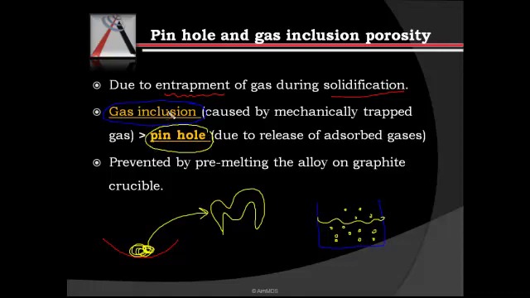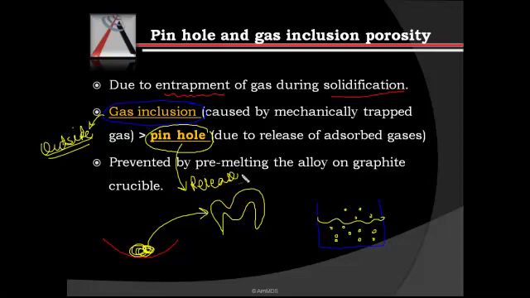So gas inclusion porosities and pinhole porosities are due to the entrapment of gas inside the molten metal. Gas inclusion porosity is where an outside gas is mechanically entrapped inside the metal, and pinhole porosities are because of the release of internal gas inside the metal body substance.